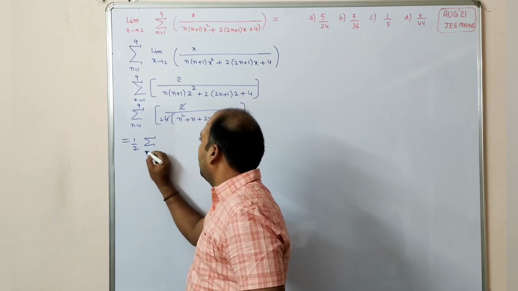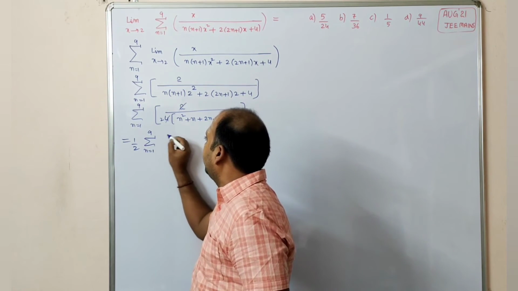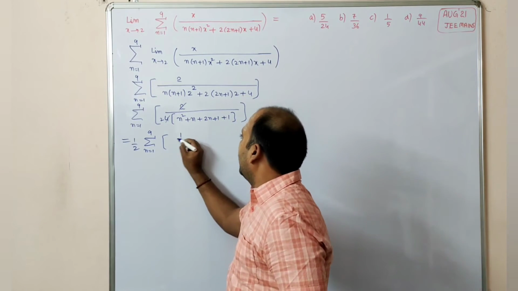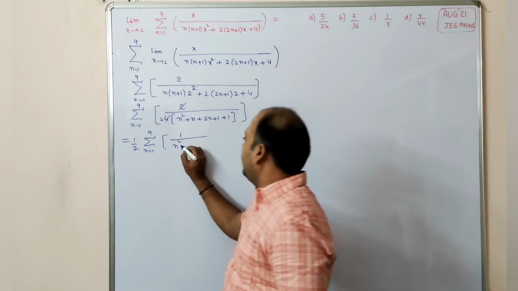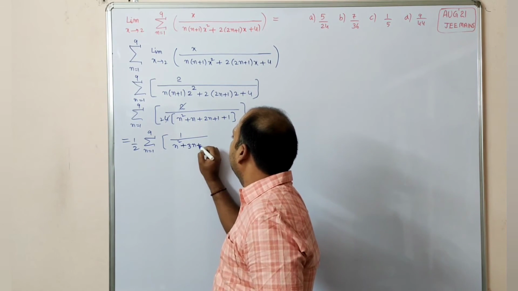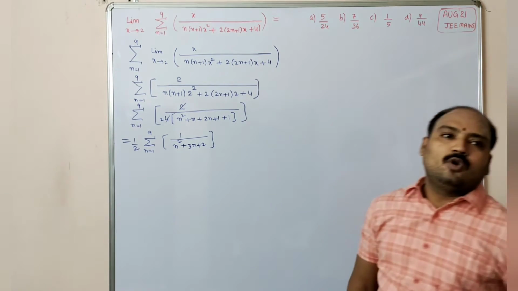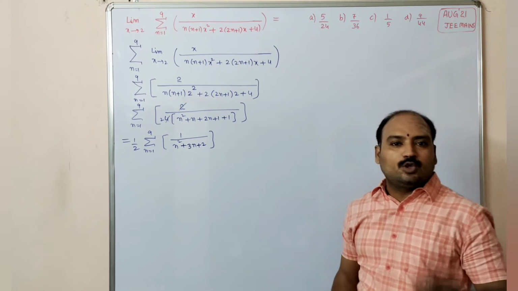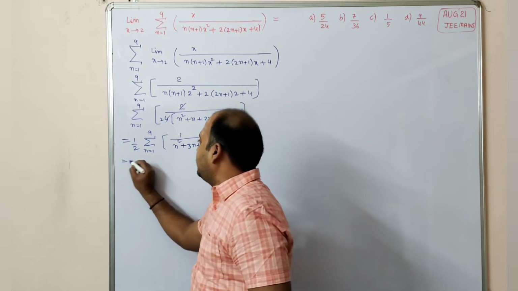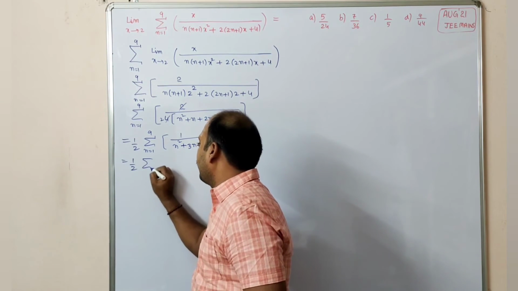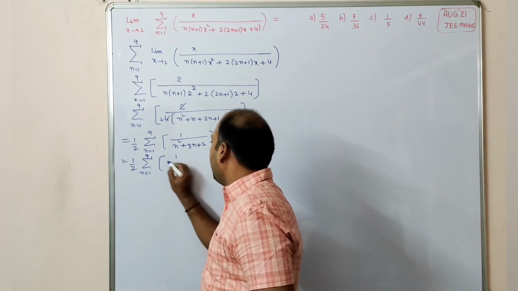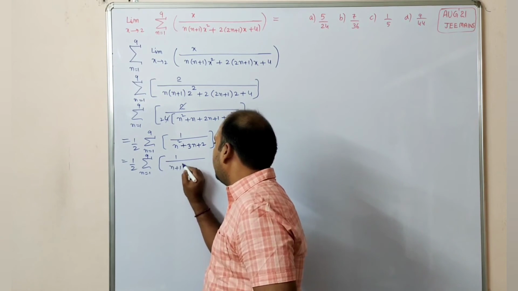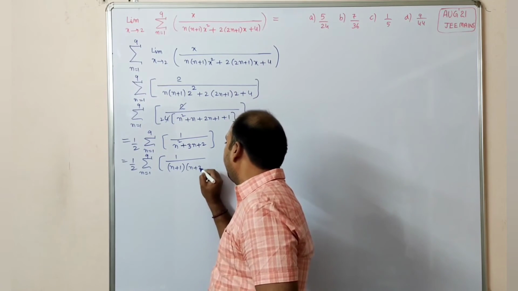Sigma n is equal to 1 to 9, 1 by n square plus 3n plus 2. N square plus 3n plus 2, the product of two factors we can write it as 1 by 2 sigma n is equal to 1 to 9, 1 by (n plus 1) into (n plus 2).